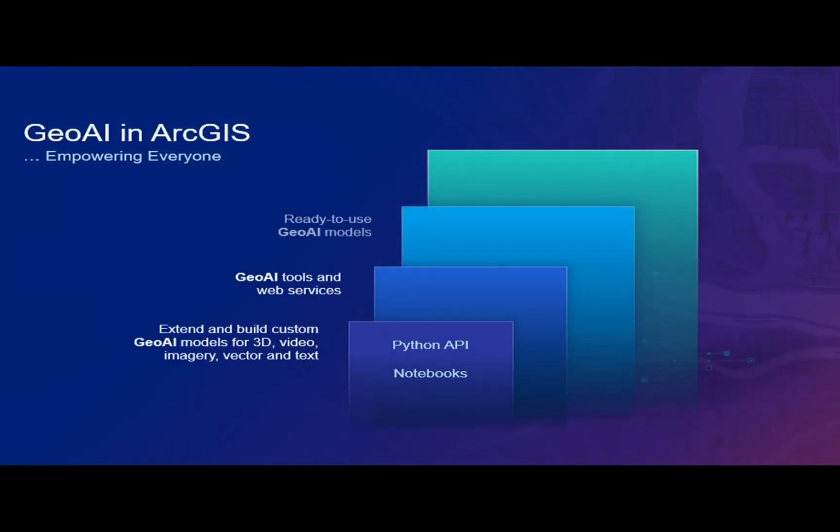Now let's look at how GeoAI is provided in ArcGIS. At the foundation, we have the ArcGIS Learn in Python API, giving developers and data scientists granular options for GeoAI workflows. On the other hand, our GIS users are more familiar with the geoprocessing tools, so we support full GeoAI with the geoprocessing tools as well.